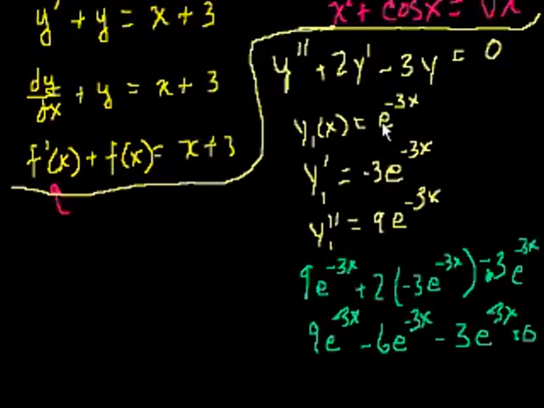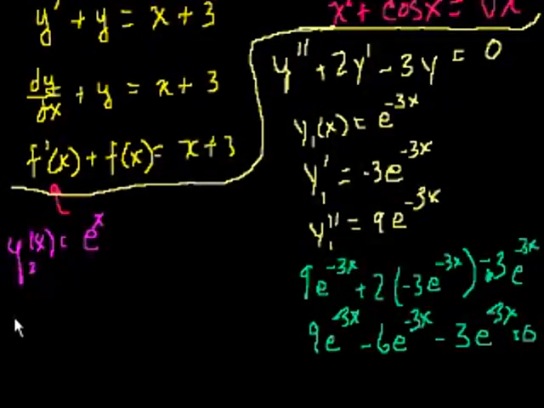But here they actually show us that there's another solution. We could try y2 of x equals just simple e to the x. And we could verify that, right? What are the first and second derivatives of e to the x? They're just e to the x.